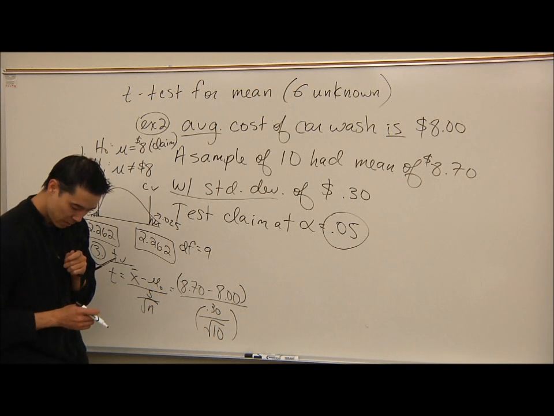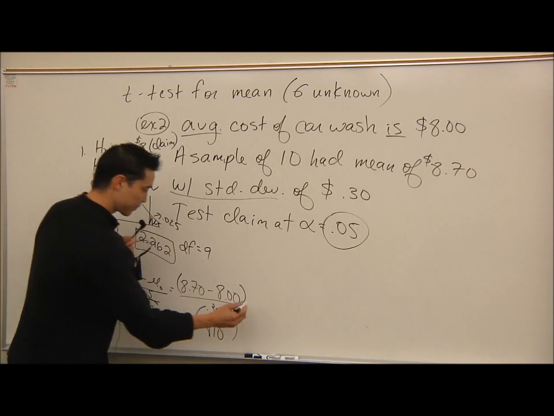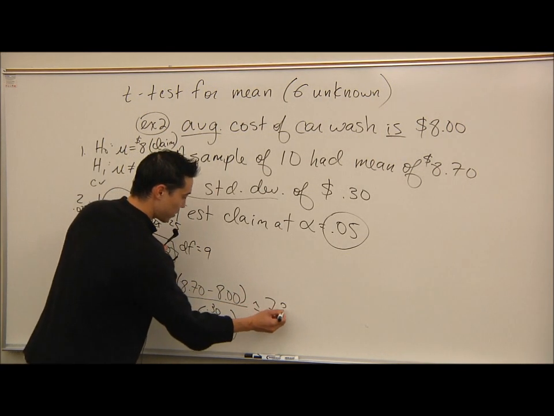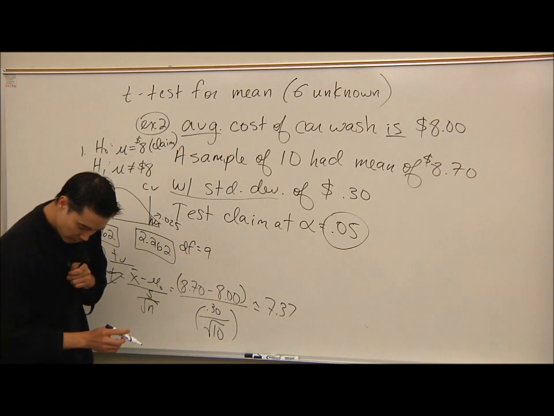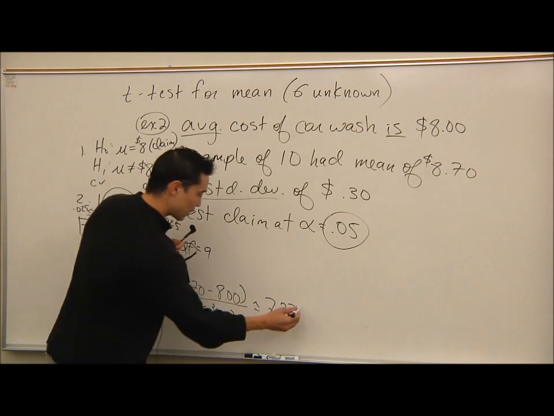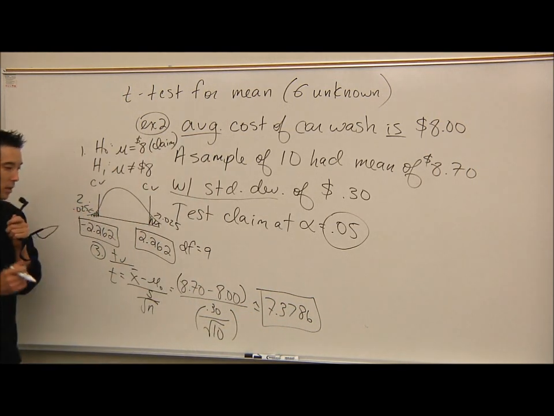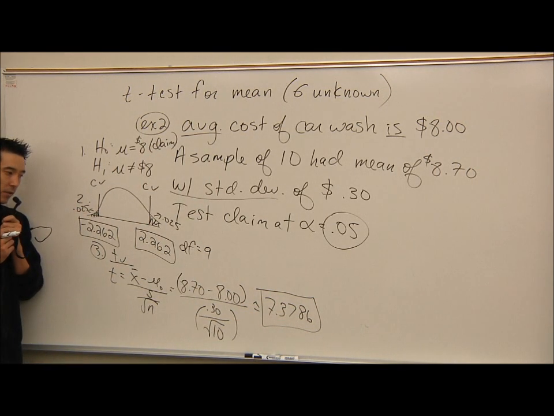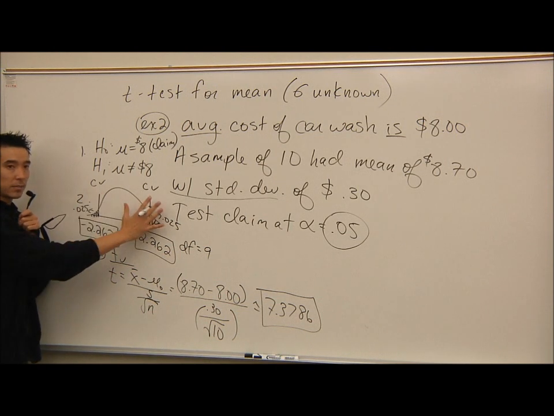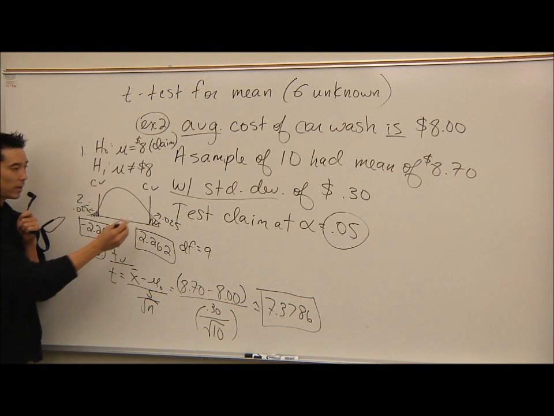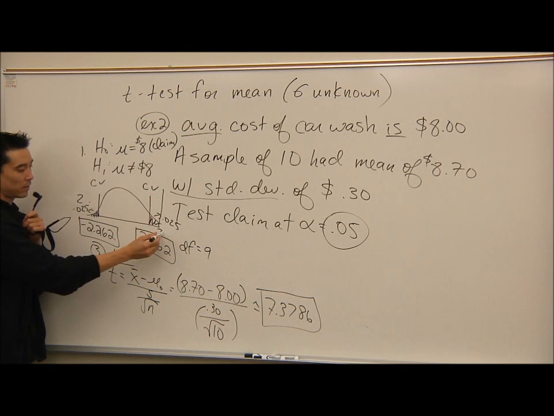Whoa. I'm getting about 7 something. 7.3786. Okay, so at the end of your test value, you should get about 7.3786. Where is that on this picture? It's way out here somewhere, right? 7 point whatever.